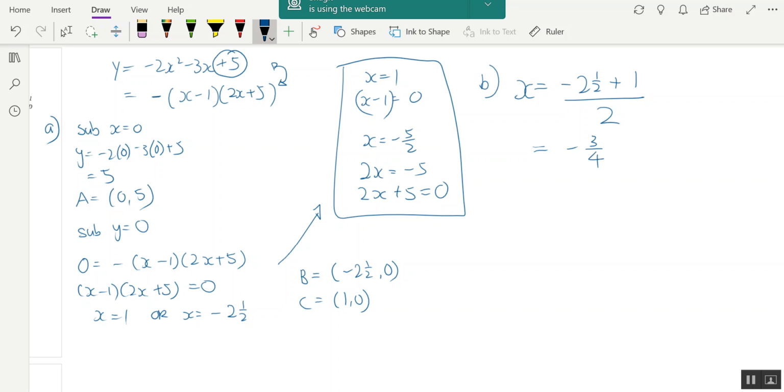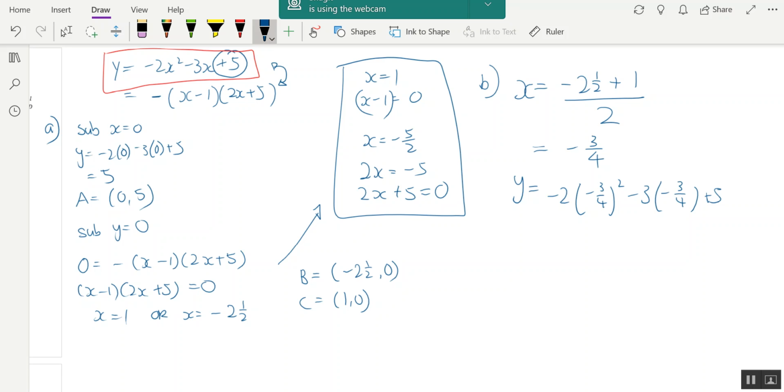And how to find the y coordinate? You've got to put it into the equation. Negative 2 bracket negative 3 over 4 squared minus 3 bracket negative 3 over 4 plus 5. The equation is right here. I'm putting the x into here. Okay, so using your calculator, negative 2 bracket negative 3 over 4 squared minus 3 times negative 3 over 4 plus 5.